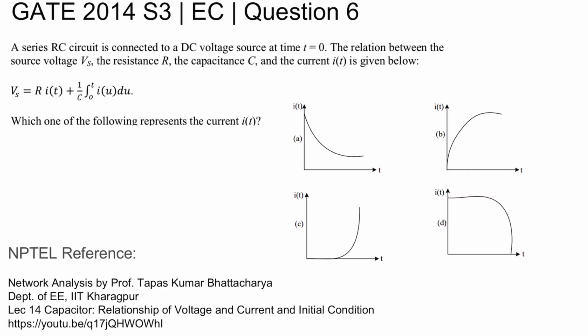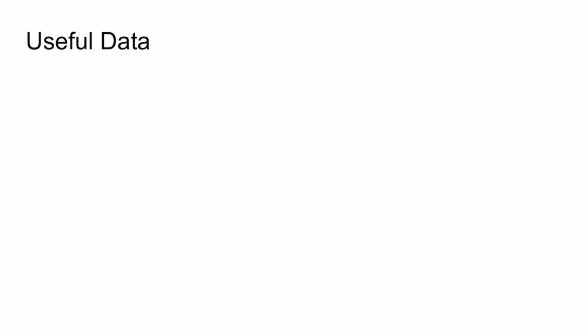So you can refer to NPTEL lecture number 14, capacitor relationship of voltage and current and initial condition, of the NPTEL course Network Analysis by Professor Tapan Kumar Bhattacharya, Department of Electrical Engineering, IIT Kharagpur, and the YouTube link is given here. The key fact needed to solve this question is that the voltage across the capacitor cannot change instantaneously.